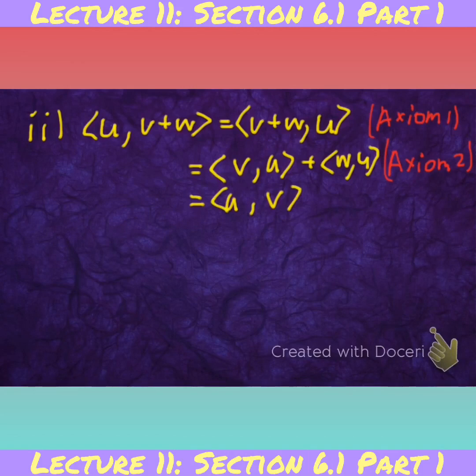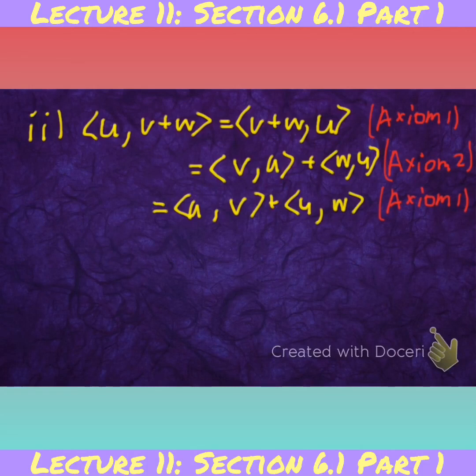And again, we switch the terms around again, u and w. Okay, and from there, that comes from axiom 1, and so we have proved the second part of our theorem.